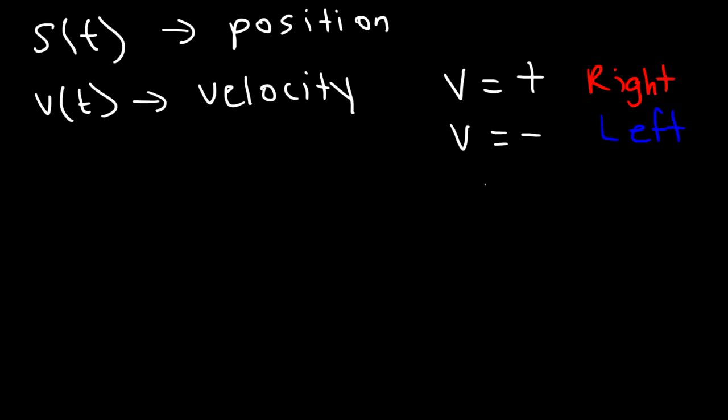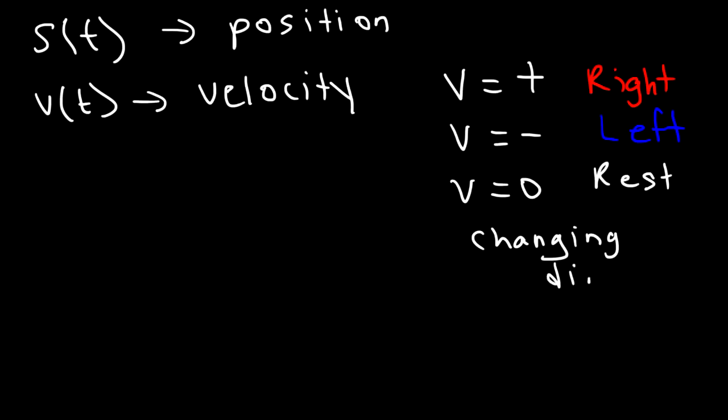And if the velocity is 0, it can mean one of two things. The object could be at rest, or it could be temporarily at rest and change in direction. So if they ask you when is the particle's change in direction, you need to set the velocity equal to 0 and find t.